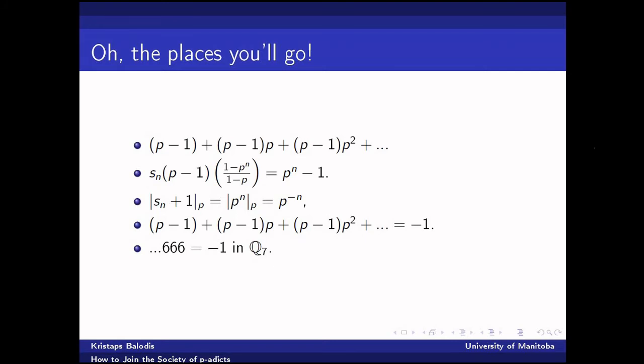In particular, as a very concrete example, in the 7-adic numbers, if you had 6 digits simply flying off to the left, again in p-adic form, this infinite string of digits going off to the left actually represents -1 in the 7-adic numbers.